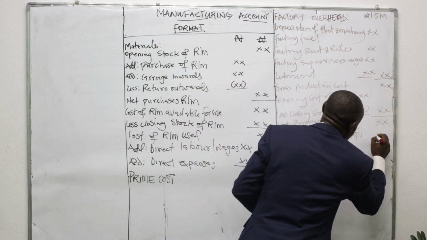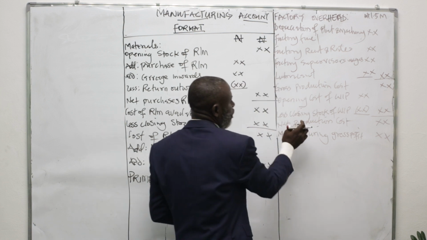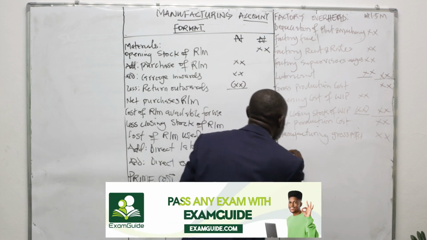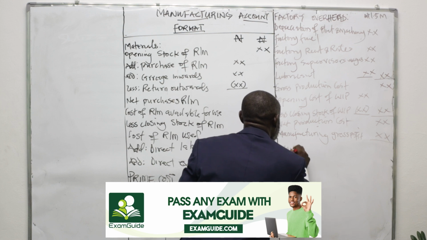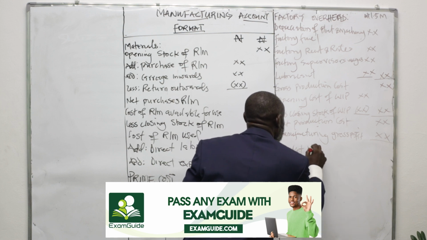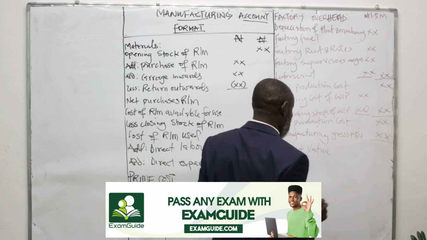And by the time you add your manufacturing gross profit to your net production cost, you're going to have what is known as market value.